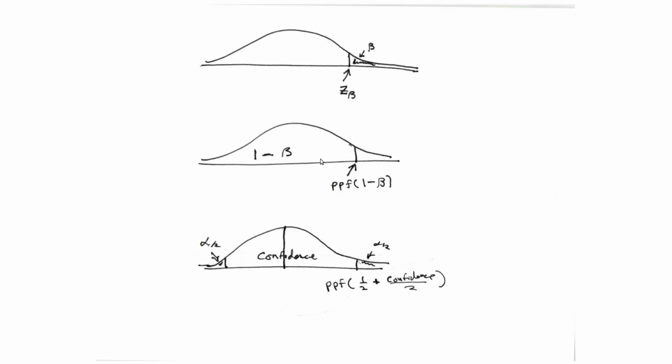So 1 minus beta is the probability up to here, and that number will be the percent point function of 1 minus beta. So ppf of 1 minus beta is the same as z sub beta. Putting this in terms of alpha, my ppf of 1/2 plus my confidence divided by 2 is the same as this 1 minus beta, right here. So this is the final number that I'm going to be looking for in doing my calculations.